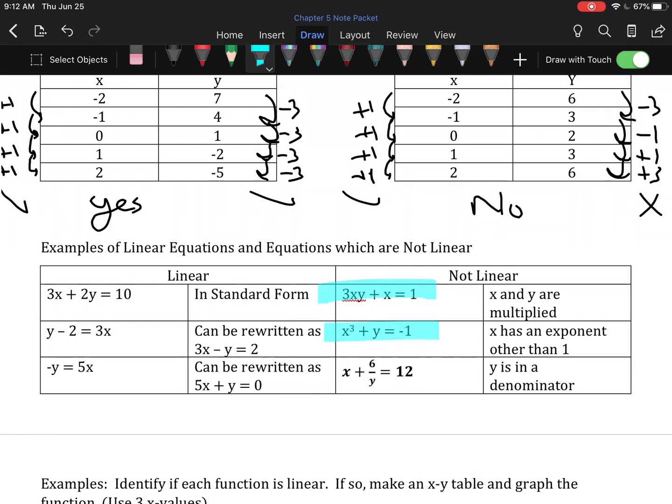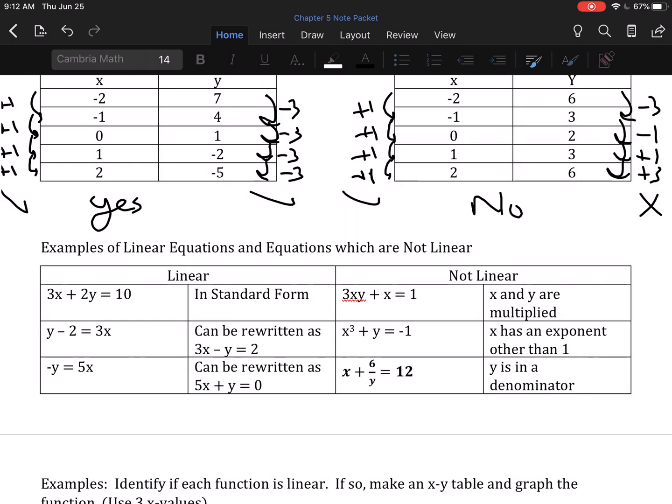This guy has a problem because x is cubed. This has a problem because y is the denominator. Okay, those are basically the 3 rules you got to look for with equations. X and y cannot be multiplied together. You cannot have exponents. You can't have variables in a denominator.